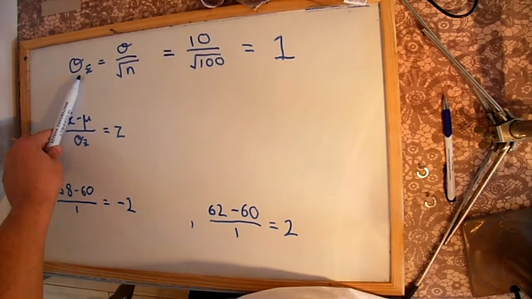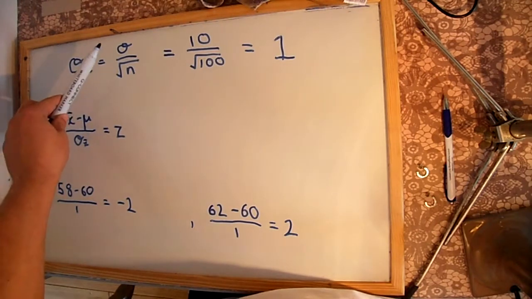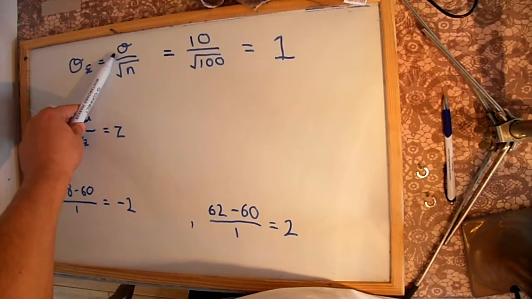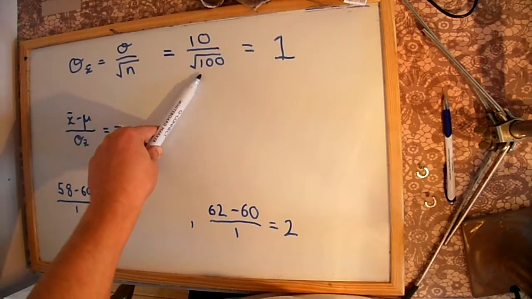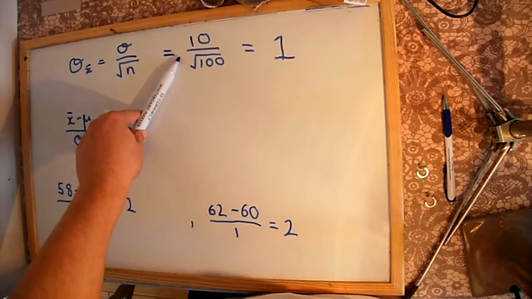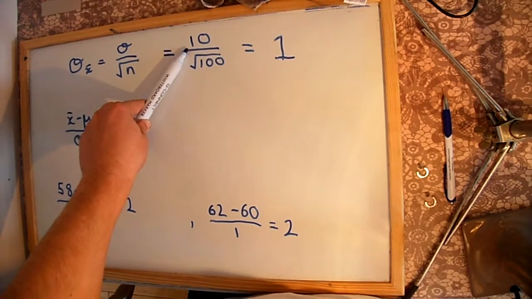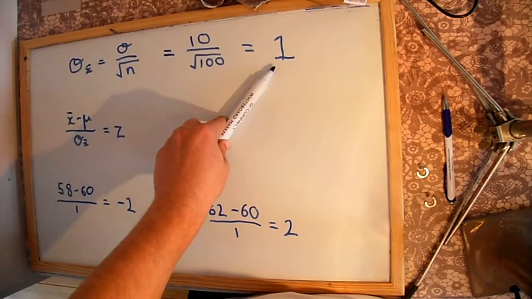The sample standard deviation, which is going to be smaller than the population standard deviation, is equal to the original standard deviation of the population divided by the square root of the number of samples. We're given the number of samples as 100, so we get the square root of that, which is 10, and 10 divided by 10 gives a sample standard deviation of 1.